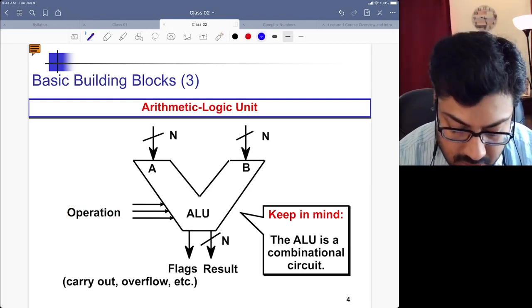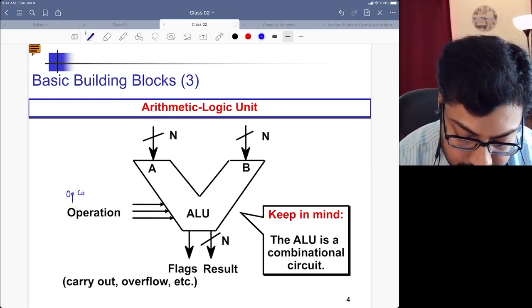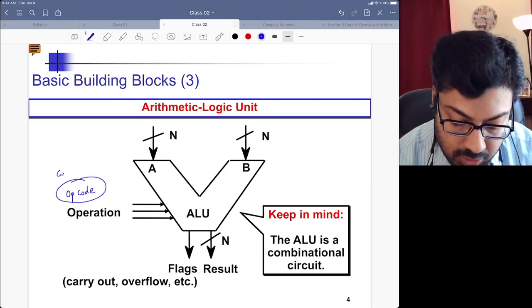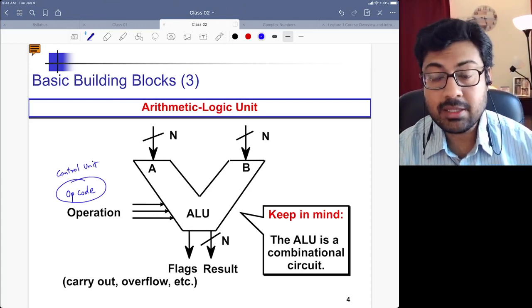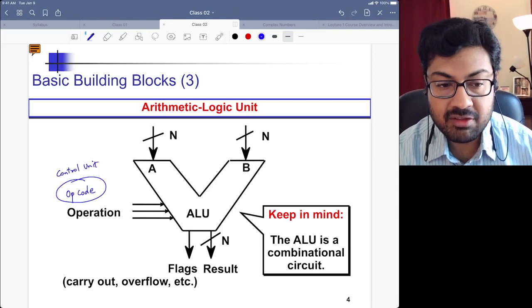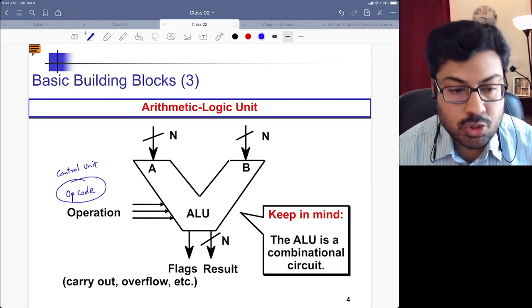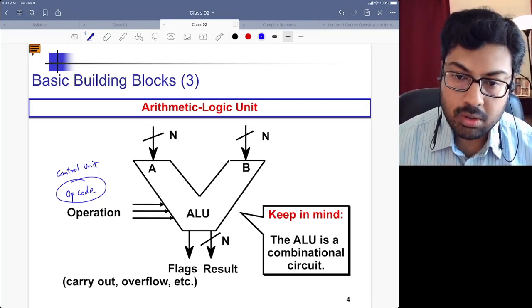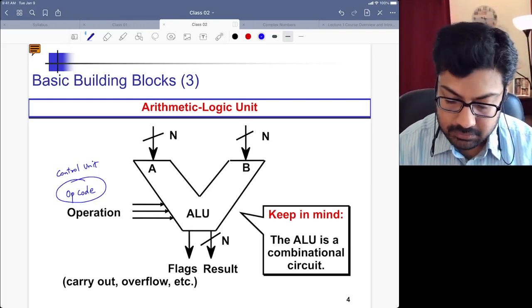This is sort of your opcode. Again, this is coming from the control unit. Look at the particular instruction, and depending on what the opcode is, send a control signal to the ALU, letting the ALU know it is supposed to add right now.